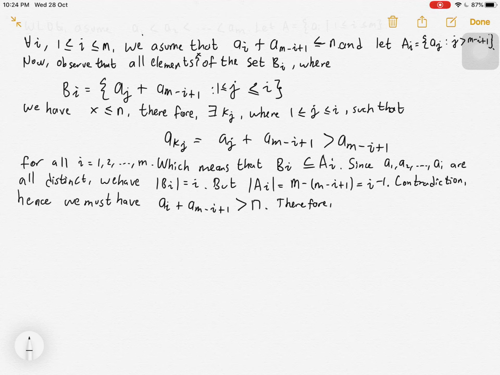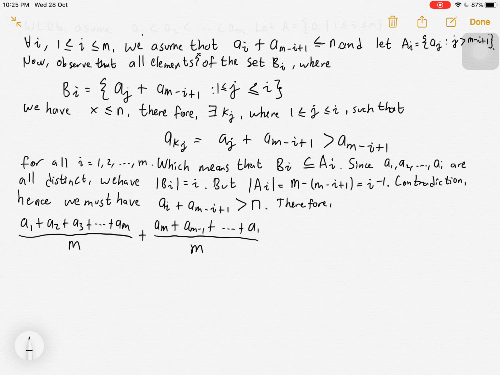all right. So let's say we have 2 times the sum. Let's say we have a_1 plus a_2 plus a_3 up until a_m, plus this a_m, a_{m-1} up until a_1, over m.